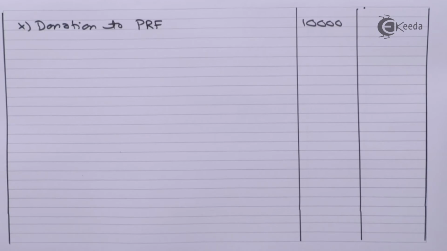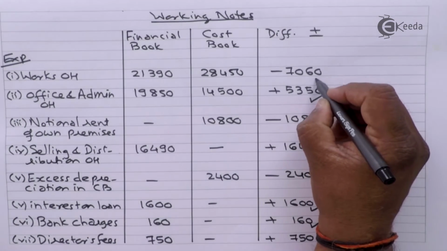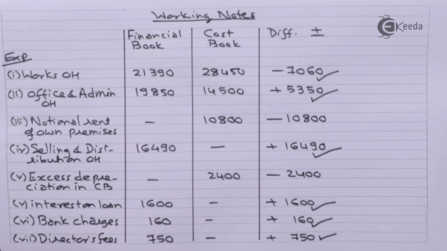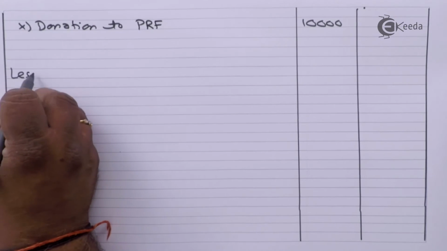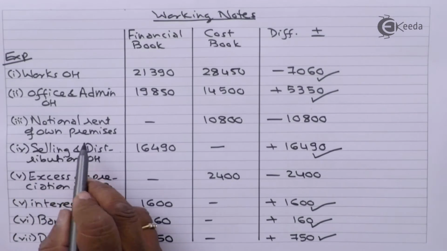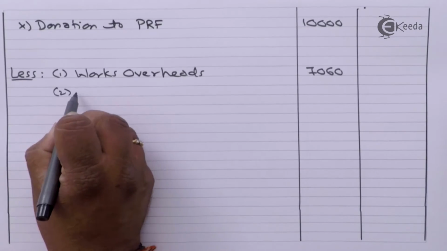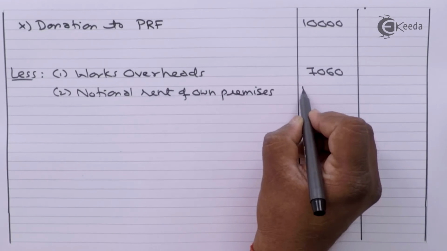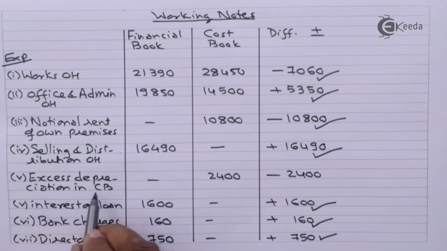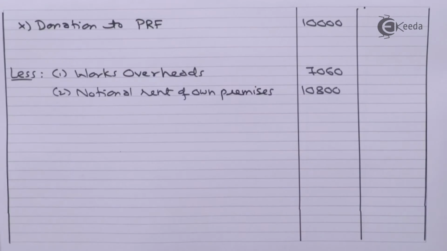Now we'll be considering the items which are to be deducted. Works overheads 7,060. Notional rent of own premises 10,800. Excess depreciation in cost book 2,400.